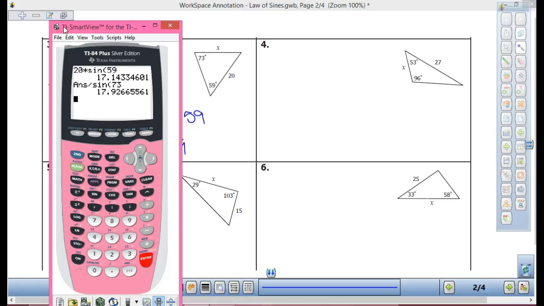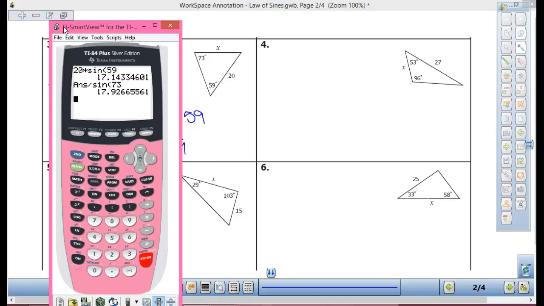All right, and number 4. The angles that are given, are those the angles opposite the sides I'm looking for? No, I don't know the angle opposite of x, right? But my three angles of a triangle add up to what? 180.